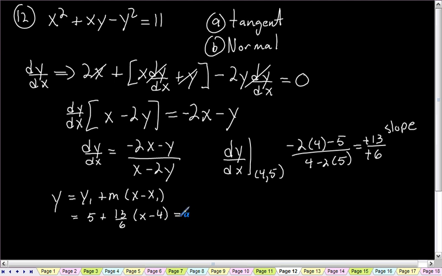Simplifying this bad boy, distributing everything, I'm left with 13x over 6 minus 11 over 3. Oops. What I did was I distributed 13 over 6 to that, and I can add it to the 5. So 5 minus that came out to 11 over 3. And that is my equation for the tangent.